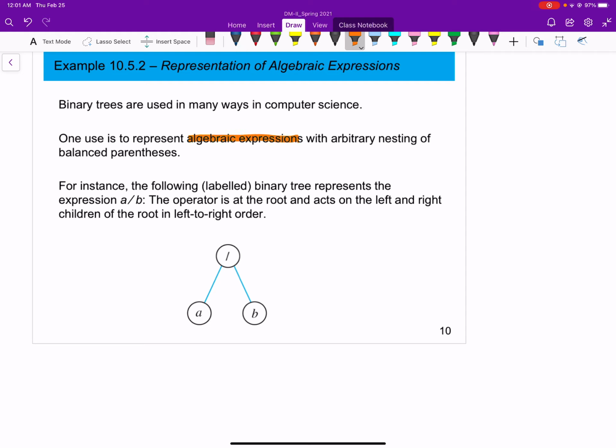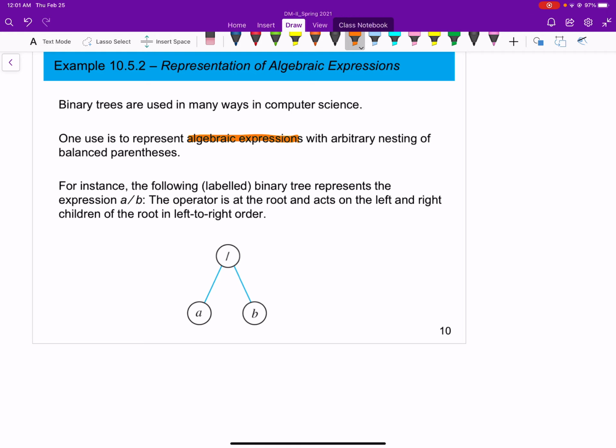You could represent algebraic expressions by a binary tree, with arbitrary nesting of balanced parentheses. Let me explain with an example.